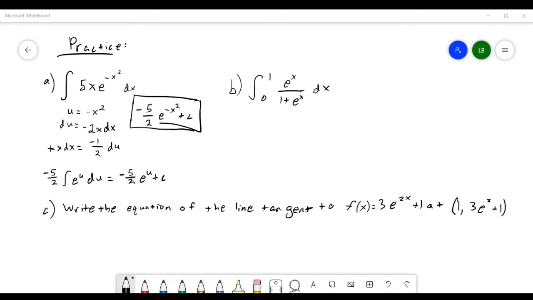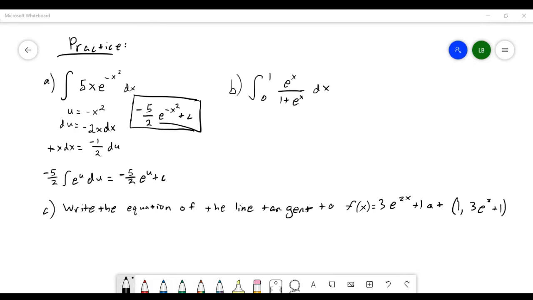Yes, what method should we use in order to integrate B? The natural log of 1 plus e minus the natural log of 2.